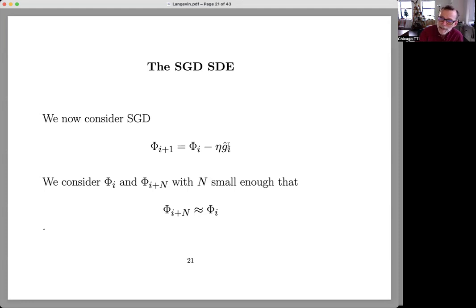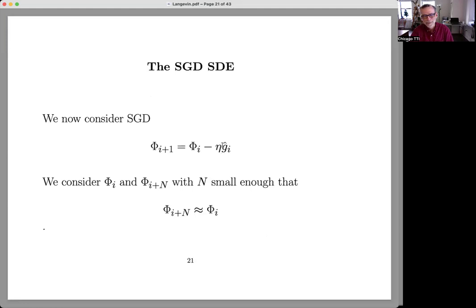Okay, so in Langevin dynamics, I assumed the learning rate was so small that we did not have to worry about the distinction between G hat and G. But now I'm going to consider the noise that's introduced by G hat. I'm not going to add any other noise. I'm just talking about ordinary gradient descent, where the batch sample introduces noise.